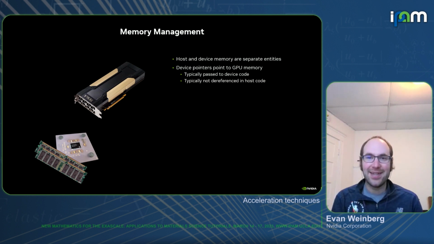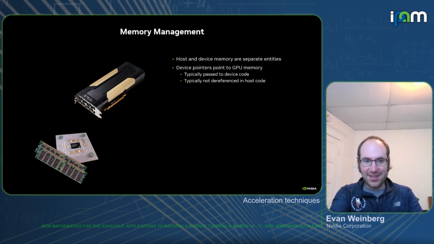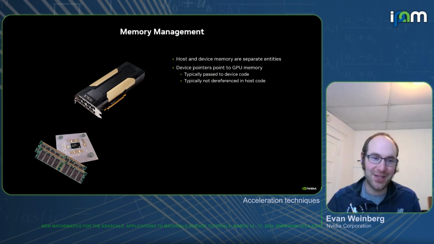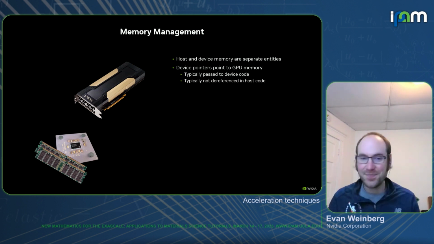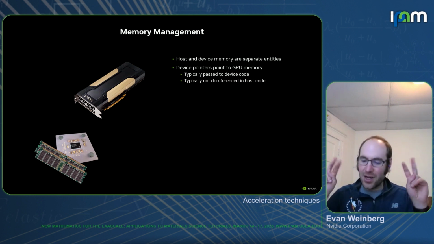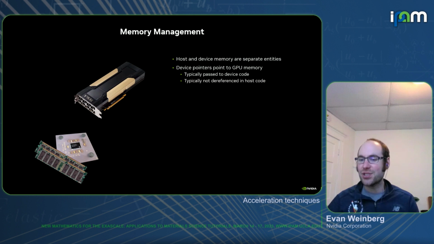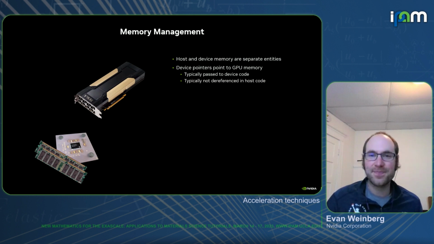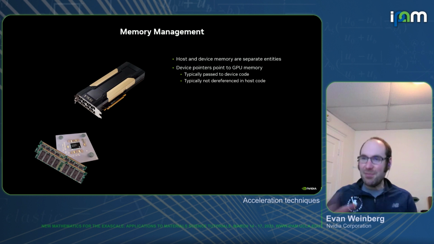I have my so-called host or CPU. That's this on the bottom left, a really old CPU and some sticks of RAM. On the top right, this is an older Nvidia GPU, our quote unquote Tesla series, which at this point is more just our data center cards. So CPU memory, GPU memory, different things.